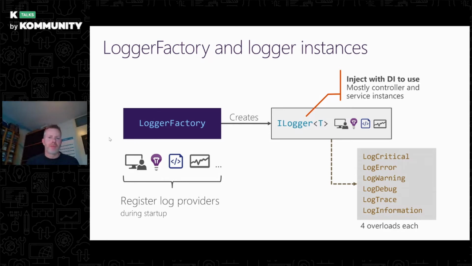The ILogger implementation has a couple of log methods, and the log methods represent the level at which you want to log. And remember, there were two things about the log message. Obviously, there's what the message is about, but there was a category and a log level. And this is how you can easily provide the correct log level by just using the appropriate log method.